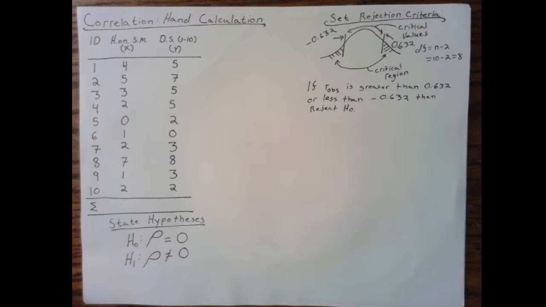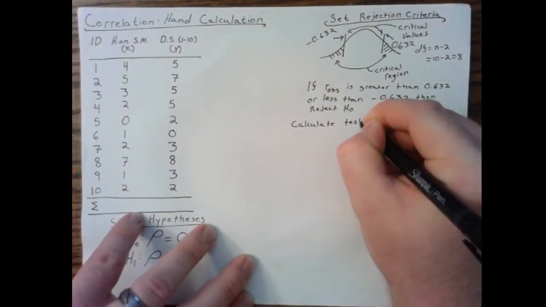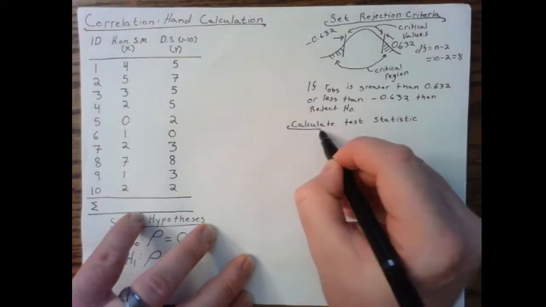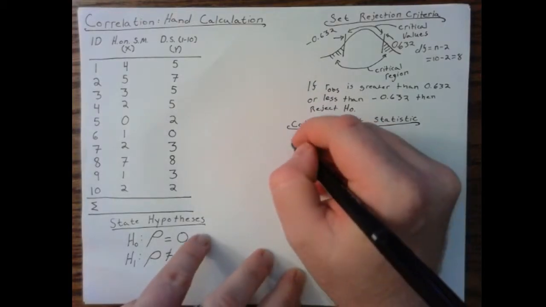So now that we've got our rejection criteria set, now it's time to actually calculate our test statistic. All right, so first and easiest thing to do is write out all the information that you'll need.